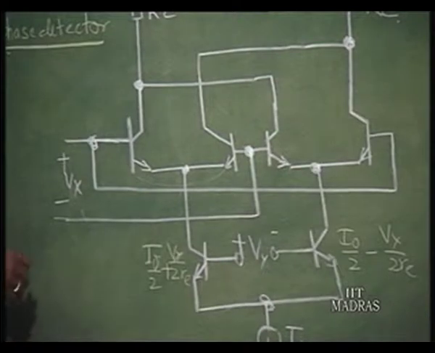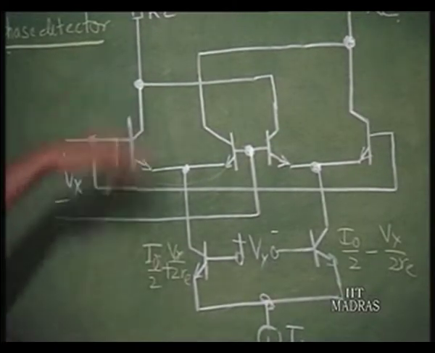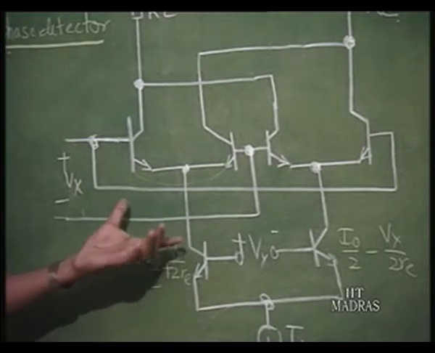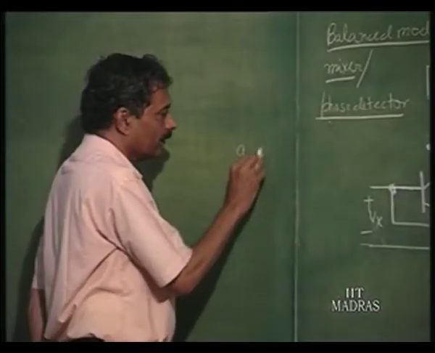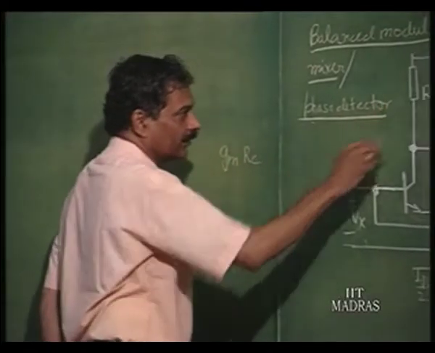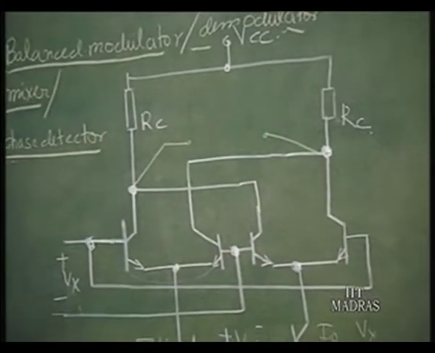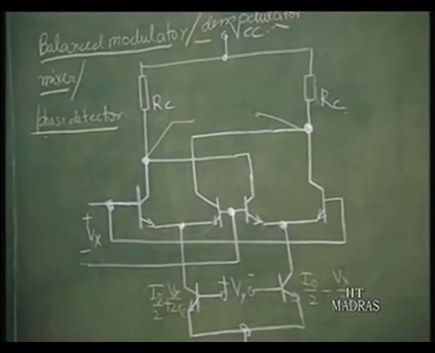Even though that was not apparent in the earlier precision multiplier, here for the small signal situation you can clearly see that it is nothing but a differential amplifier whose differential gain is G m into R c, where G m is 1 over R e of this transistor or that transistor.